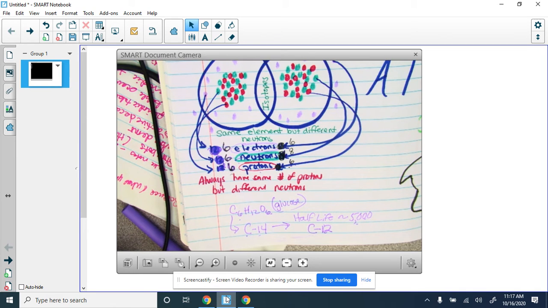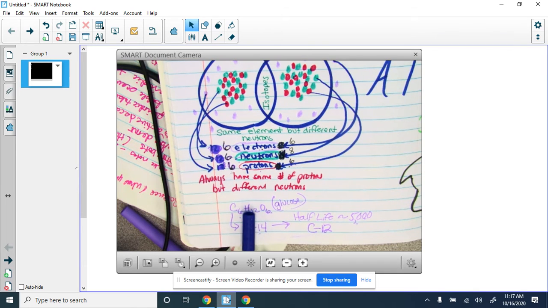However, once an organism dies, whether it is a plant that did photosynthesis and makes its own glucose, or an animal that consumed glucose, that C14 can no longer be replaced. We can't consume the glucose anymore. We can't put that C14 in our body anymore. So what happens is this is an isotope that is not stable.